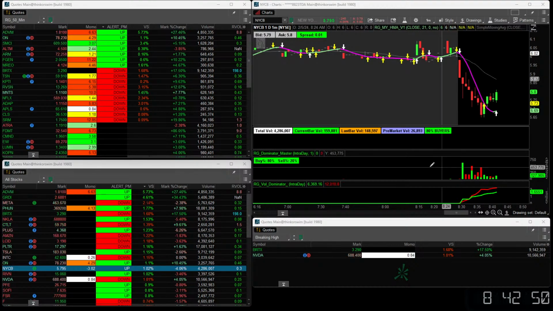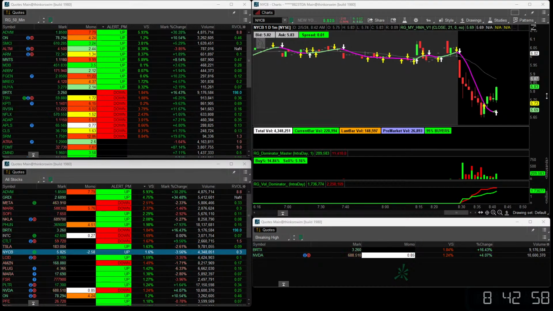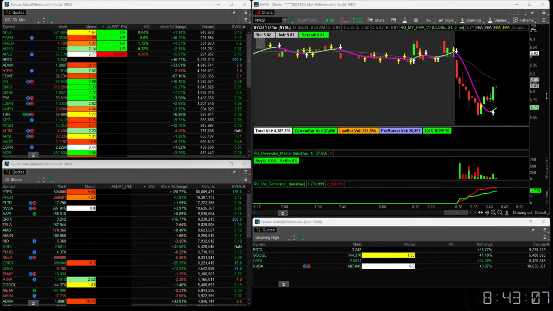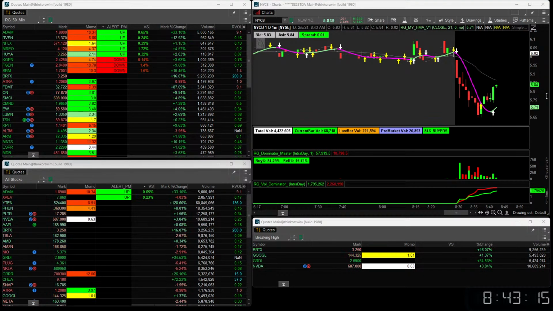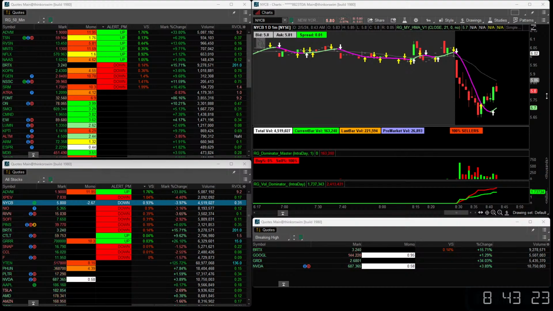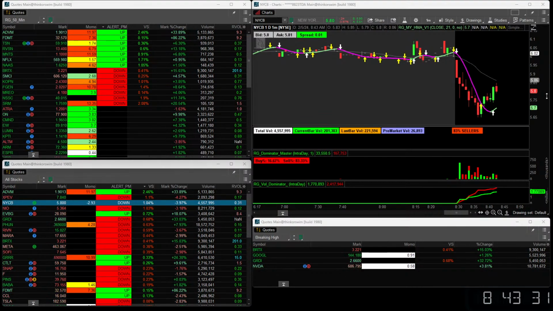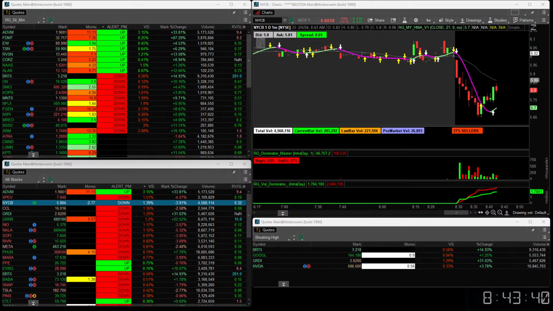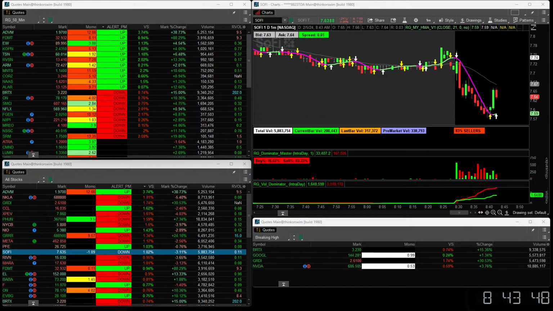NYCB, possible bottom play. Volume's looking good on it. SPY is pulling back. That's what's affecting these stocks.